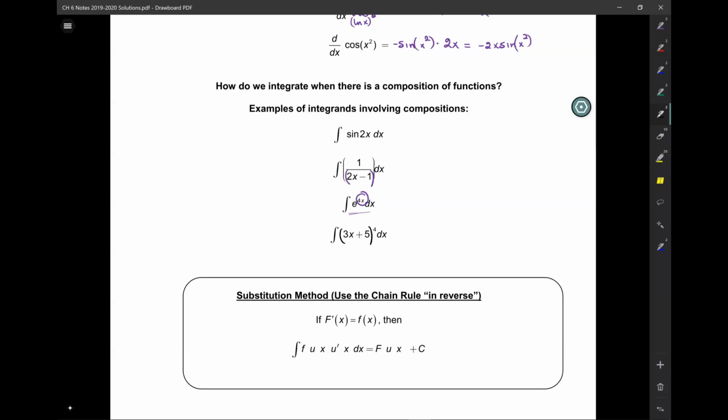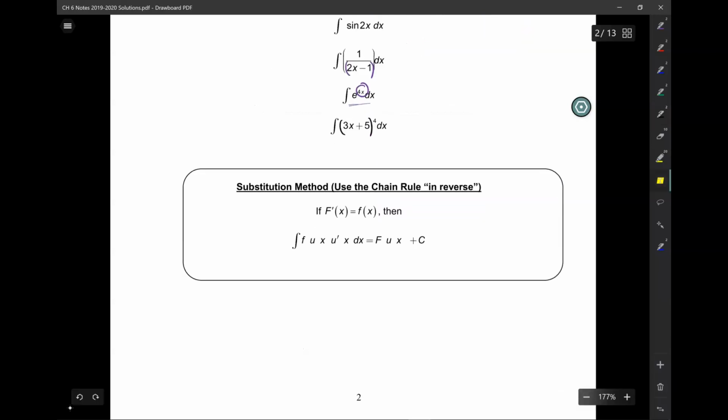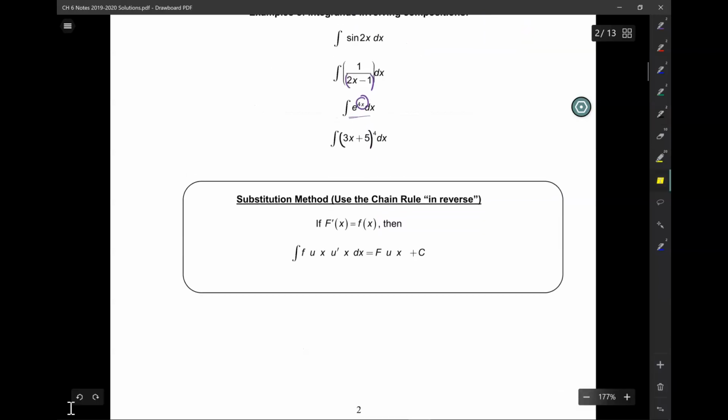So what we have to do in order to integrate these is called the substitution method. All this is doing is the chain rule in reverse. Here is how it works.